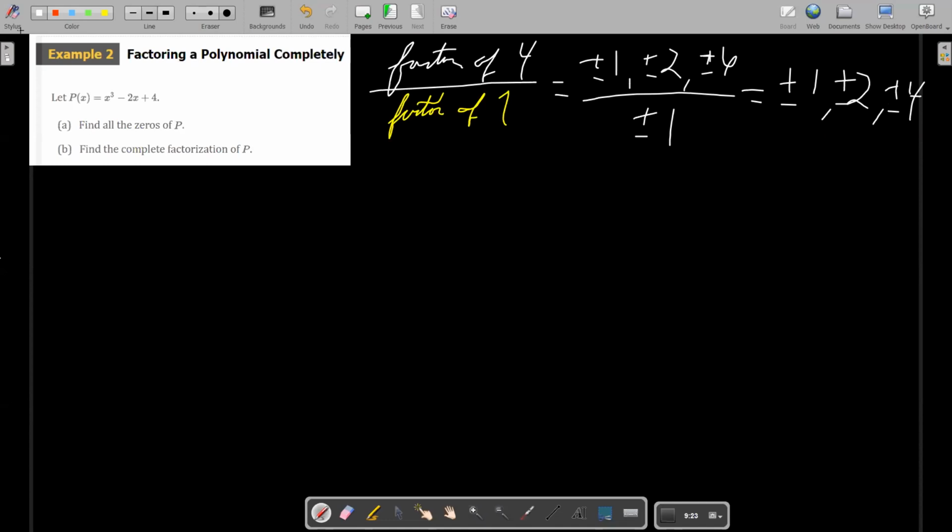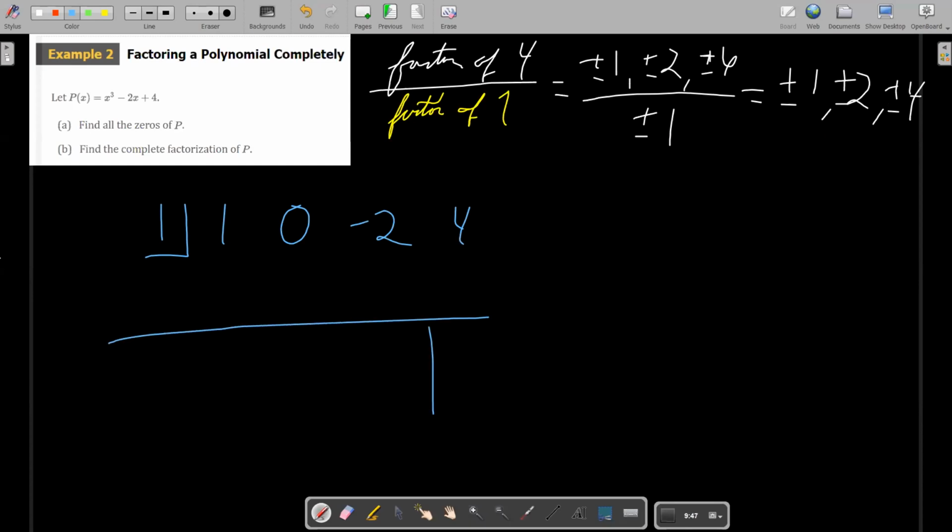So I'm going to go ahead and do, we'll start with 1 again just to show how it's wrong, right? So 1 would be x cubed, so that's a 1 for x cubed. There is no x squared, so we're going to put a 0 for x squared. So we got negative 2 for the x value and a 4 for the constant.